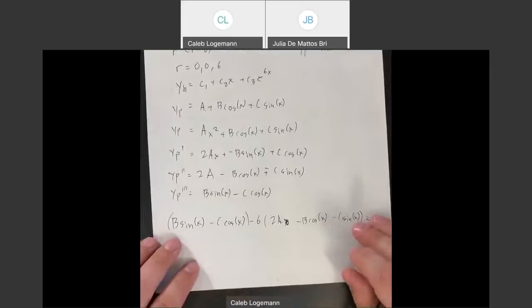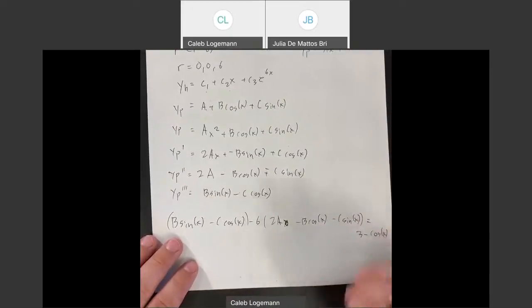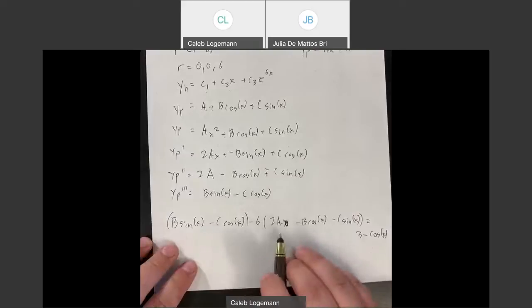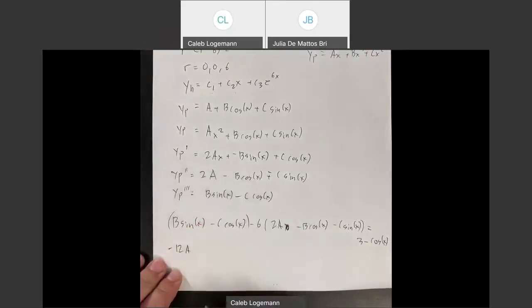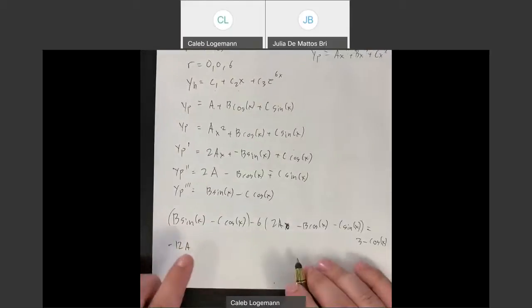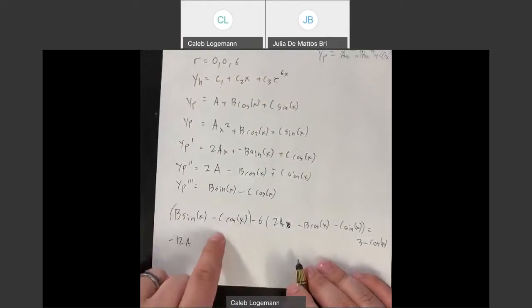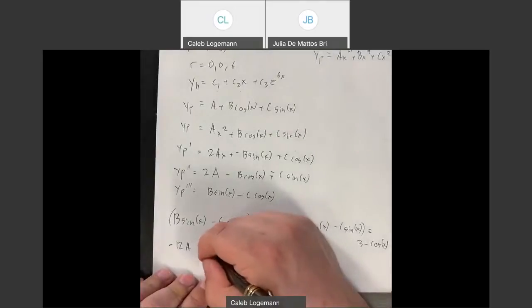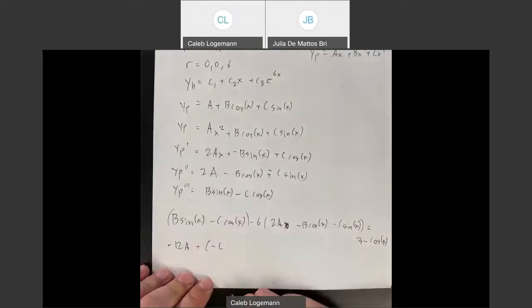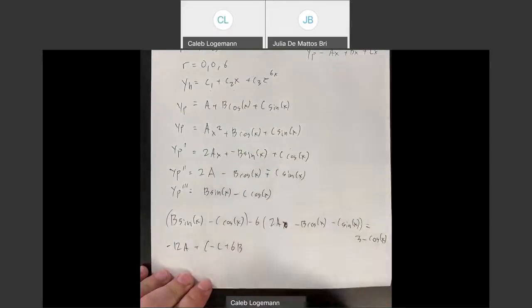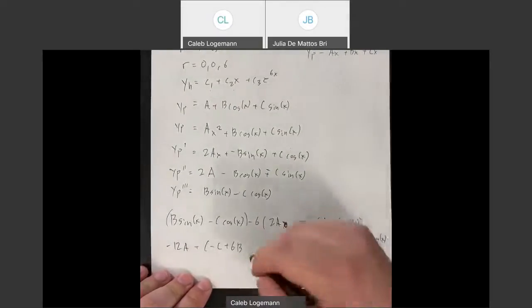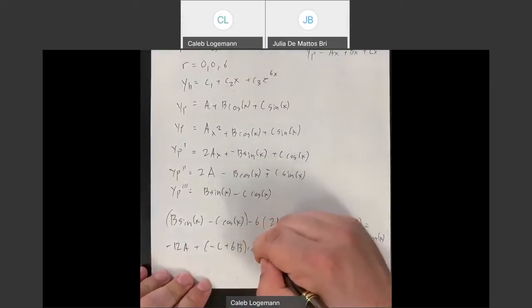All right, so we want to combine all the like terms together. First let's get a constant term. We have minus 6 times 2a, so that's minus 12a. Now let's get our cosines together. We have minus c plus minus c, and then we have plus 6b, minus 6 times minus b, cosine.